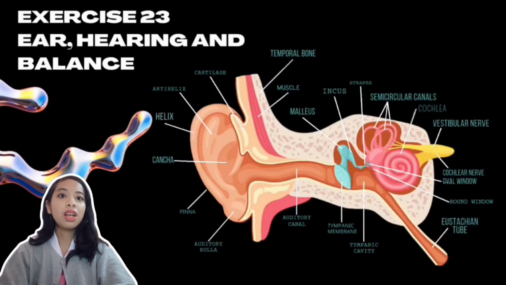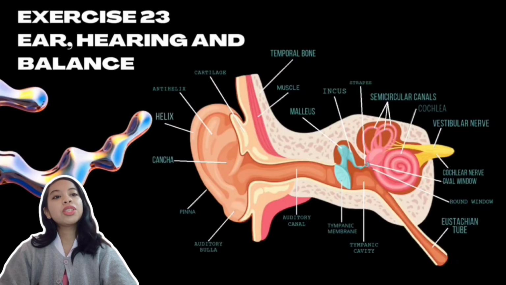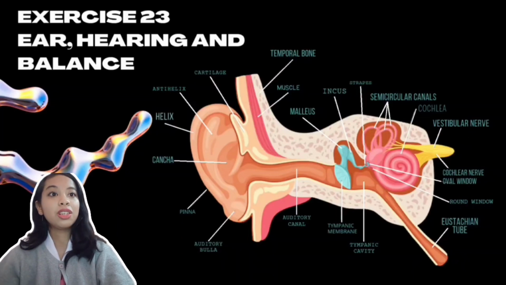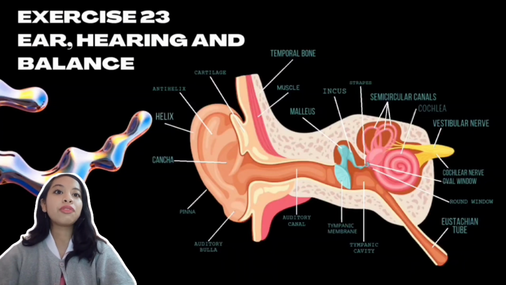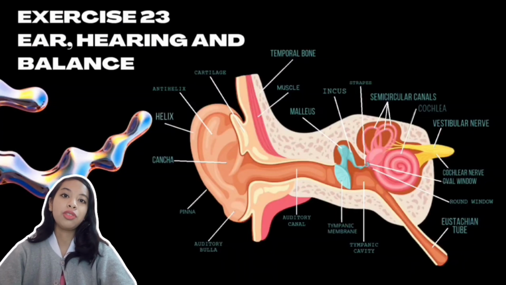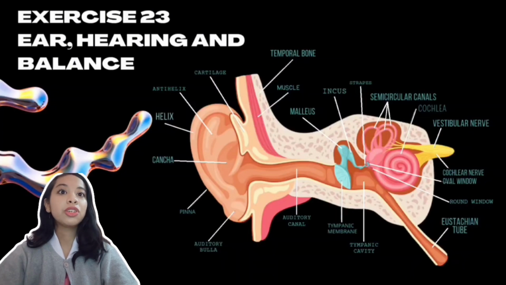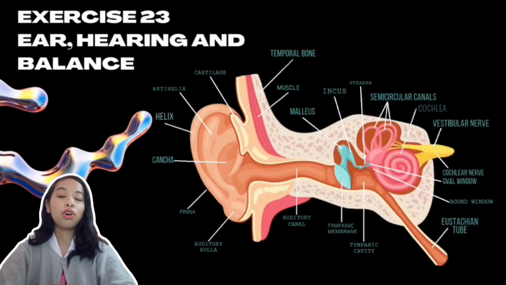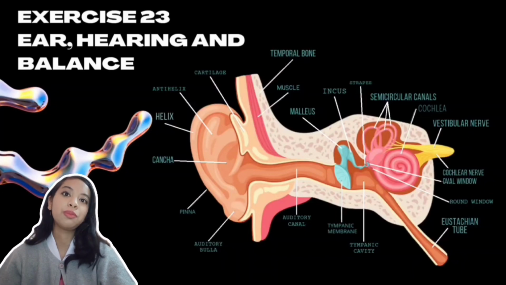So, asymmetry. Significant differences between responses from the left and right ears may suggest vestibular dysfunction or pathology affecting one side more than the other. If there is an absent response, so lack of nystagmus or a diminished response to stimulation, it may indicate impairment or damage to the vestibular system.